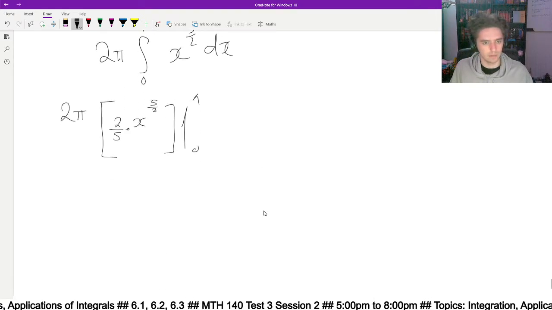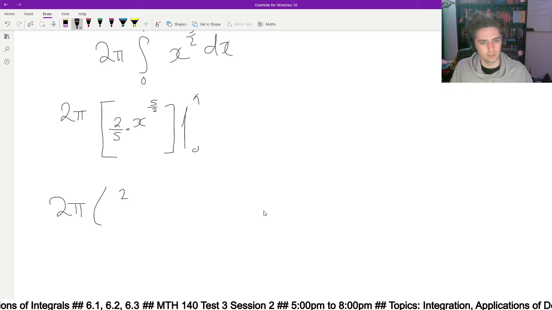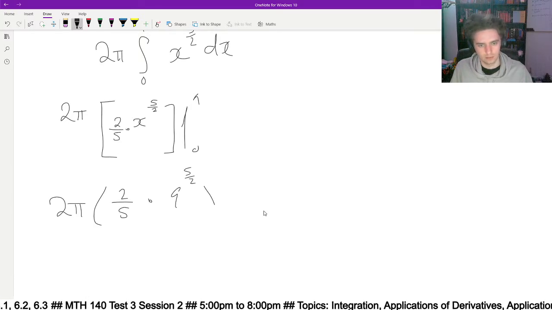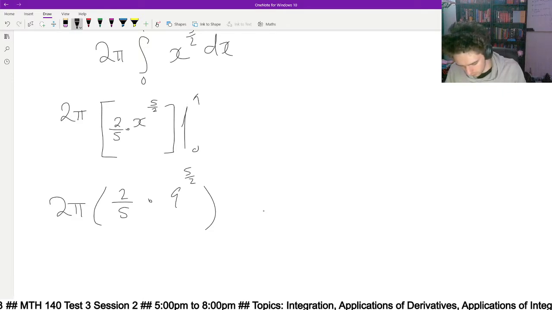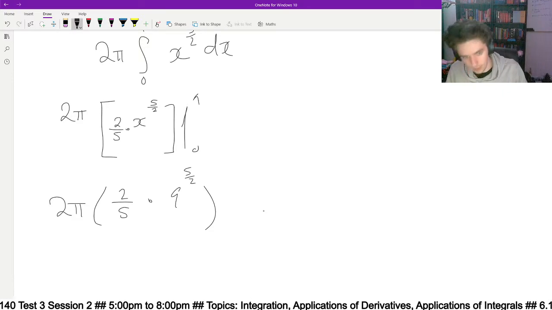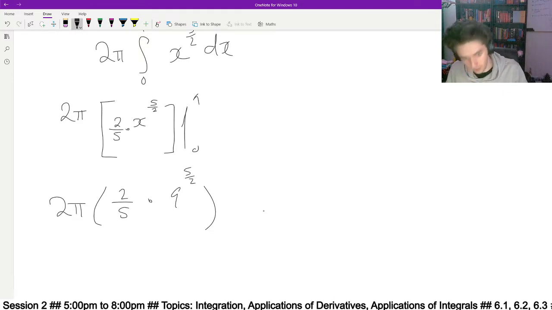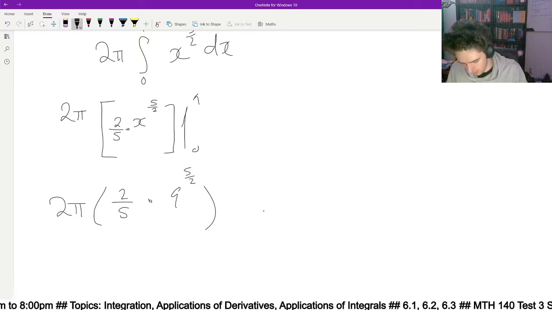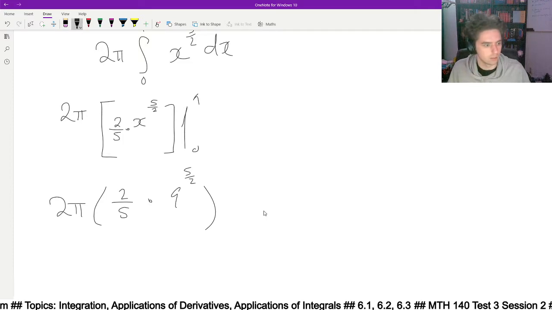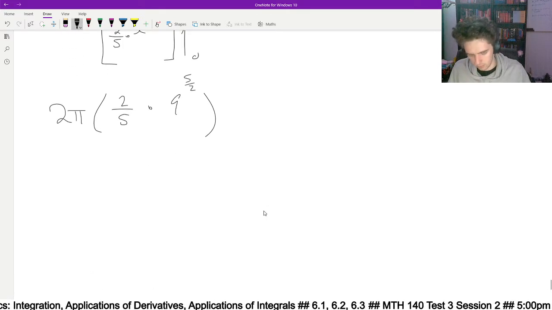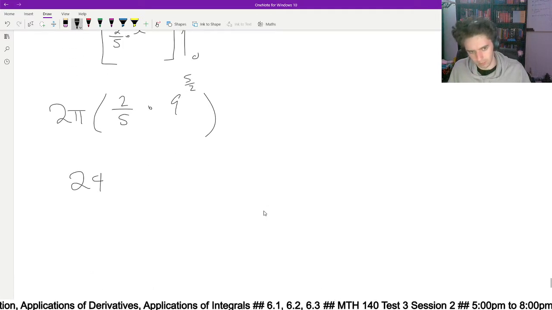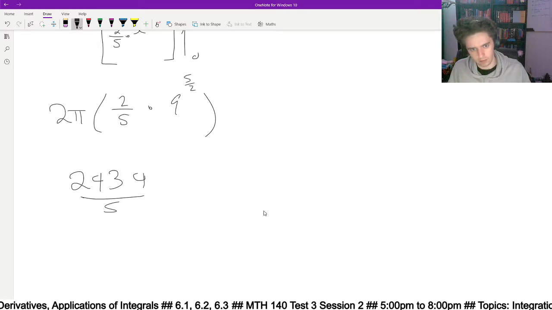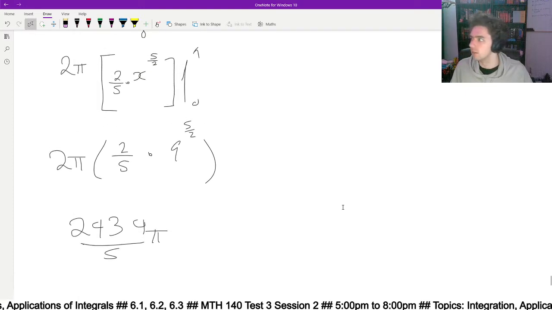So let's do that. Evaluate at 9: 2 pi times 2 over 5 times 9 to the 5/2. And I get some rational number, 2,434 over 5 pi. Right?